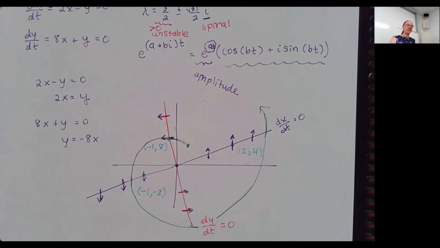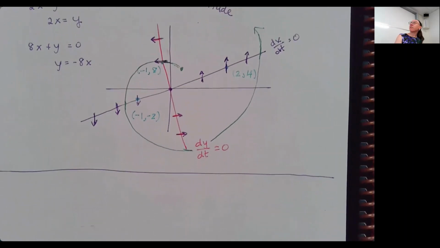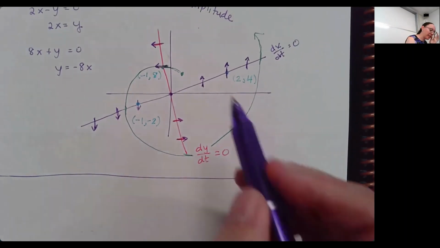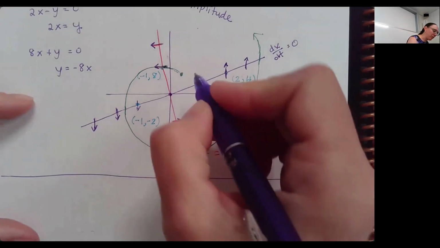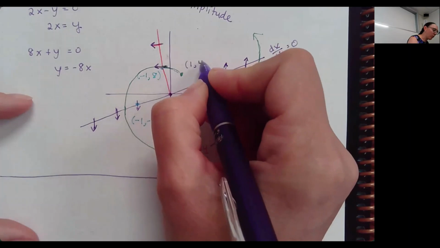By the way, just to continue on the graphing bit of this for a second. So let's say that this point up here was 1, 4.